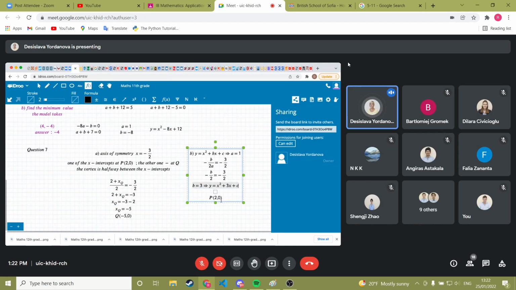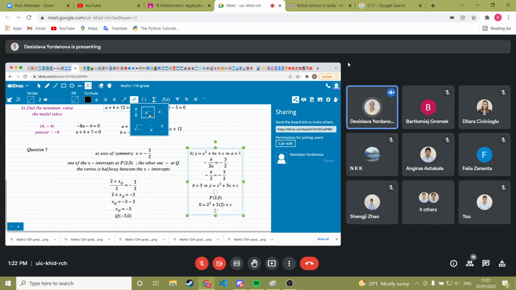And using the point 2, 0, we will have that 0 equals 2 squared plus 3 times 2 plus c.